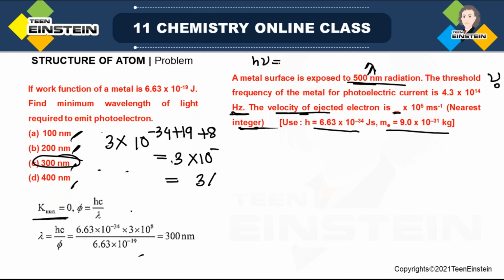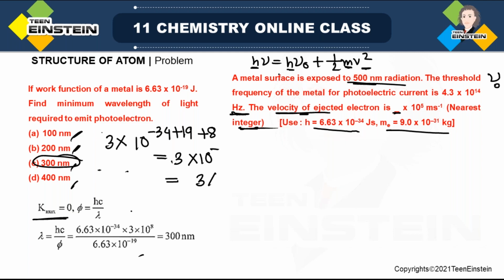So h nu equal to h nu naught plus half mv square. From this equation, here m is given, which is the mass of the electron, v is unknown, h we know.